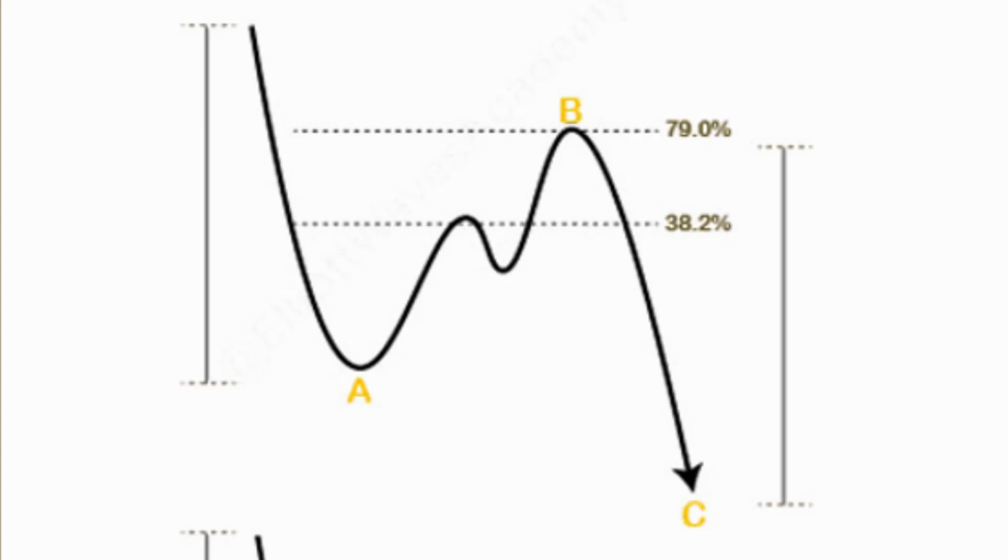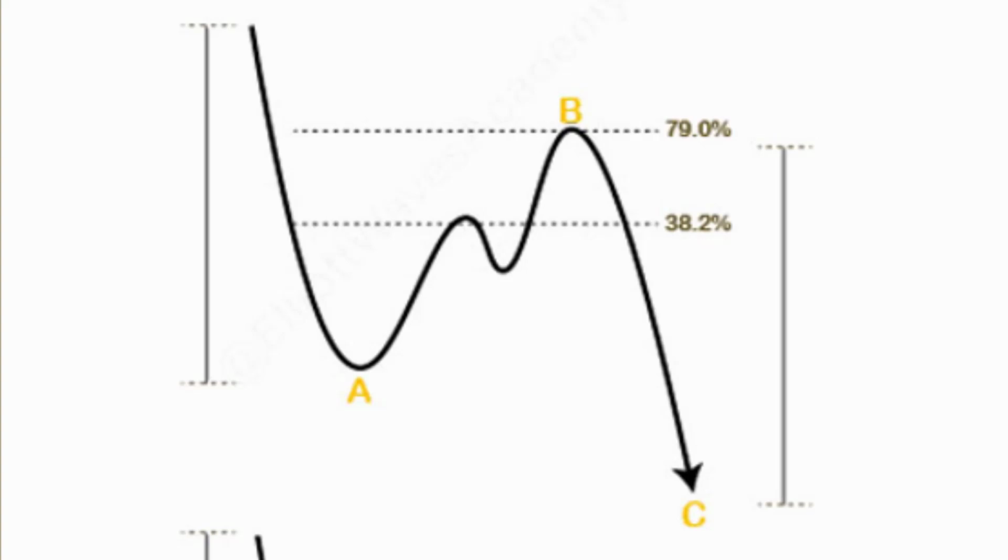C has the same target whether wave B is a triangle pattern or a zigzag pattern. Therefore, when we have a zigzag as wave B of a zigzag, this wave B retraces deeply of wave A, ideally getting to the level that represents 78% of the length of wave A.